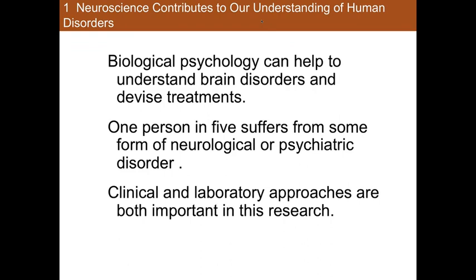And clinical as well as laboratory approaches are both important in this research. And often these are different types of people doing these studies, and may start out in the lab, and then there can be clinical trials of different types of treatments that are introduced before they're available mainstream for people to get improvement from their disorders.